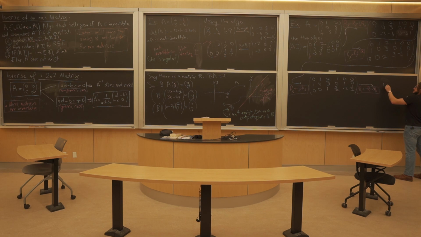Okay, let me just write the second and third rows first, and then I can modify the first one. So the first one is being modified now, 0, 1, and then this becomes 0. If I subtract minus 3 from 1, I get minus 2 here. If I multiply this by minus 2, I get 4.